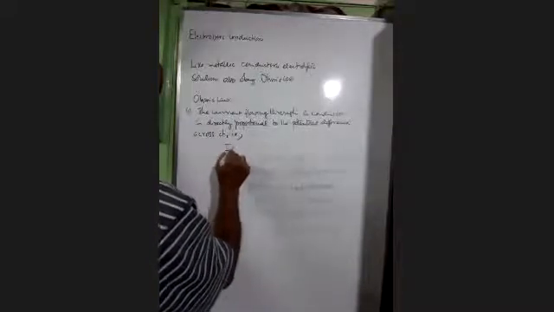Only thing is that we are not able to understand. What should I write now here? I is proportional to V. So what is I?